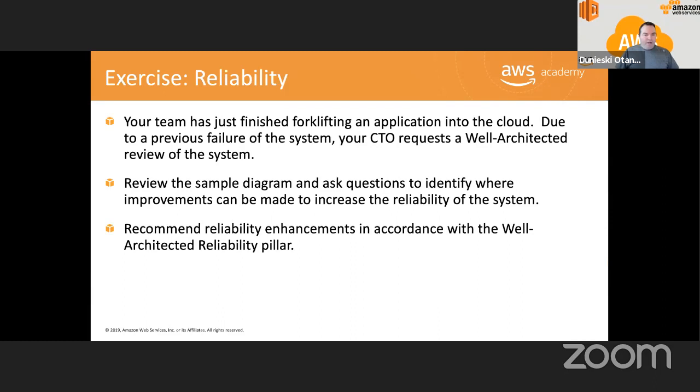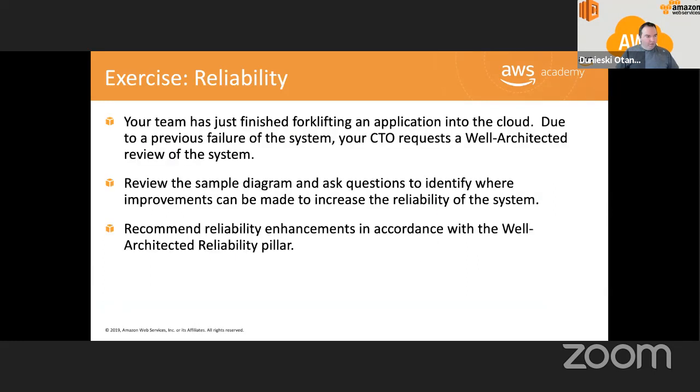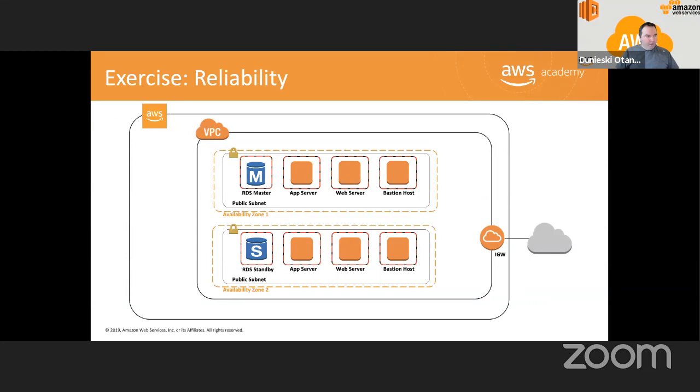Review the sample diagram and ask questions to identify where improvements can be made to increase the reliability of the system. Recommend reliability enhancements in accordance with the well-architected reliability pillar. Okay? This is the diagram.